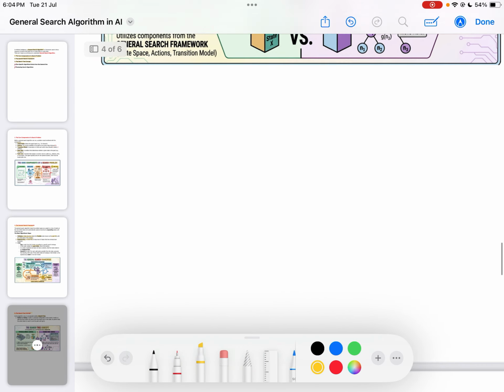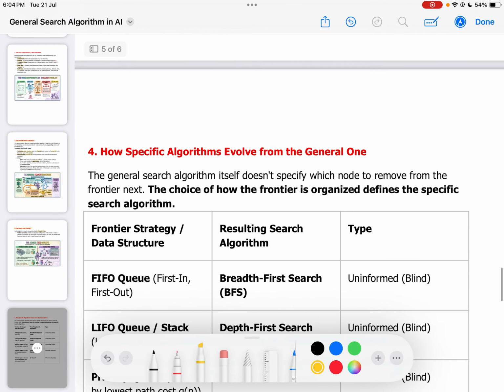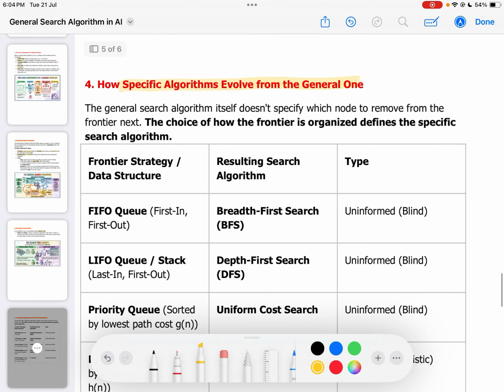Now let's get into today's video, where we look at how specific algorithms evolve over general search algorithm. How does it come to a conclusion of how to go about searching? Basically, what it does is it forms a data structure as a tree structure.